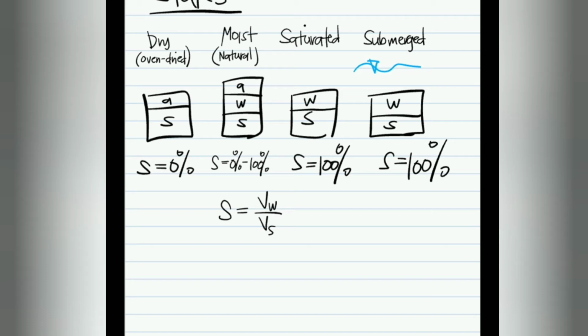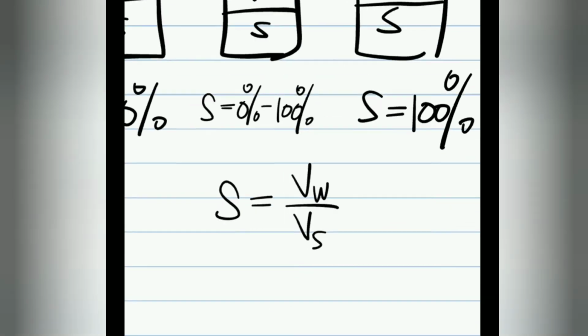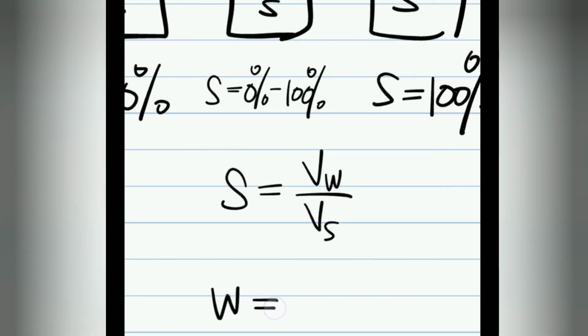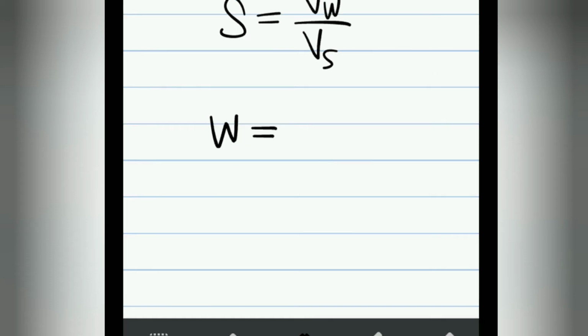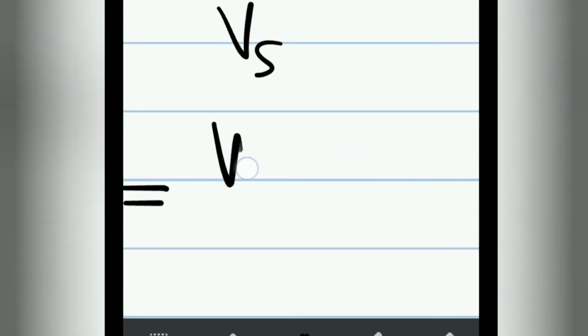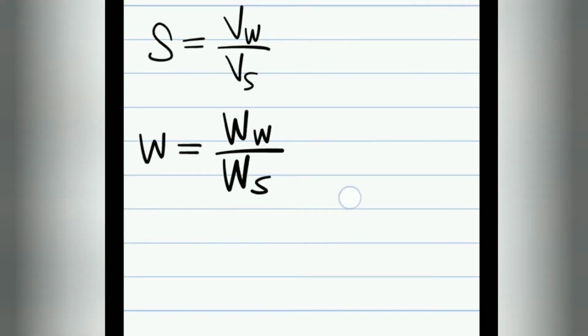And then you have water content. So for water content, it is noted as small w. It is somewhat similar to degree of saturation, a comparison of water to solids. But this time, you have the weight of water to the weight of soil. Alright?